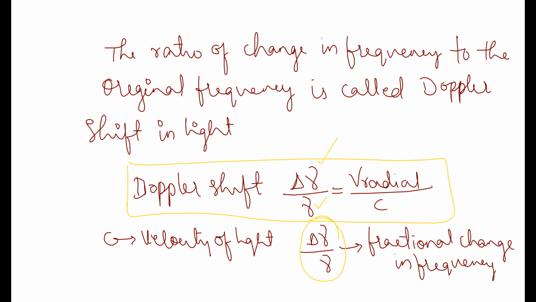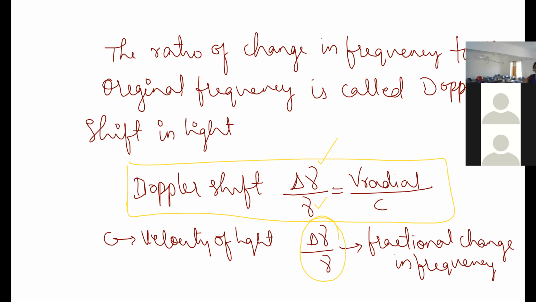Based on this, if you have any doubt, just put it in the chat box. In today's class, what we discussed: how reflection and refraction take place in the case of a prism, lens and mirror, and we discussed what the Doppler effect is and the different types of Doppler effect.